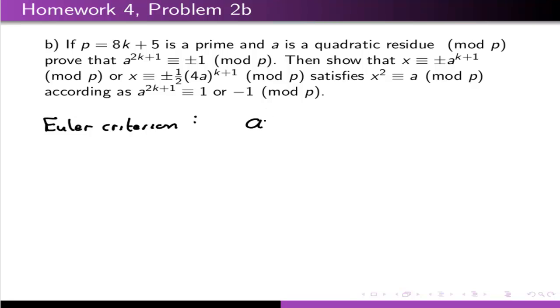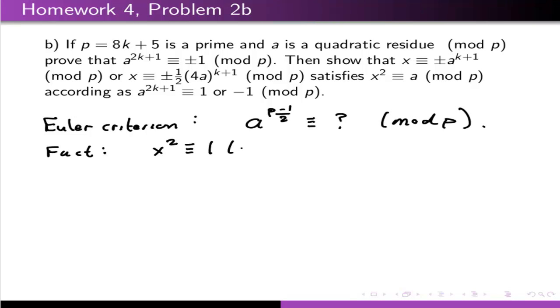That means a to the p minus 1 over 2 power is congruent to what, mod p? And then we have another fact that we've seen. x squared congruent to 1 mod p means that x is congruent to plus or minus 1, so feel free to use this fact.